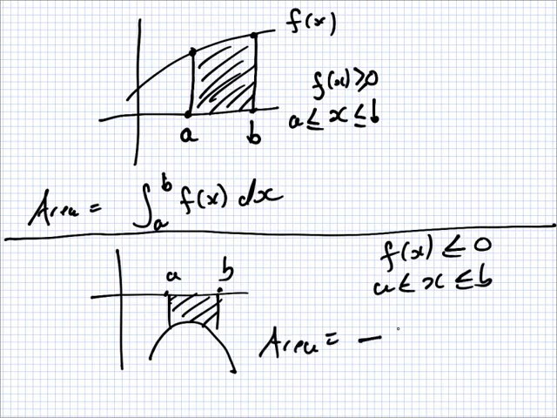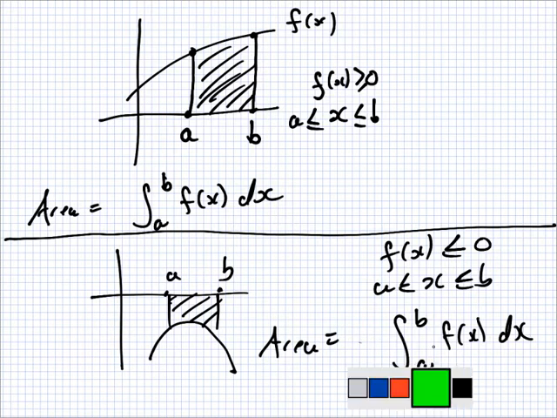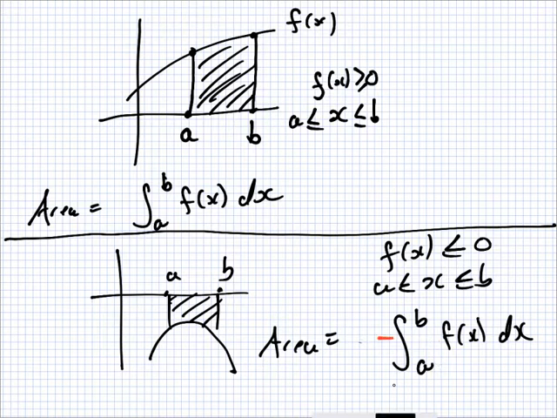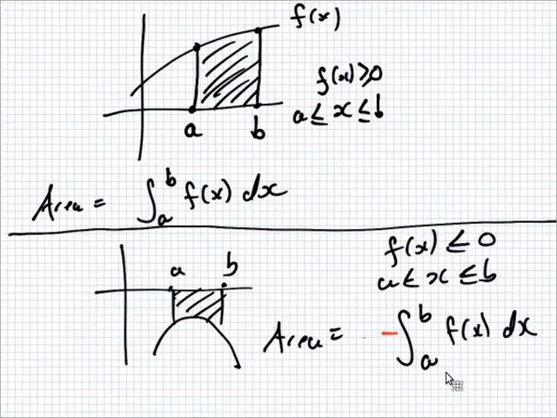It's minus the integral from a to b of f(x) dx. Or, if you want to think about it another way, you can put the minus inside and integrate minus f(x). Whichever way you prefer. It's the same thing. Now, there's a third situation which is a problem. If I scroll down to situation 3.